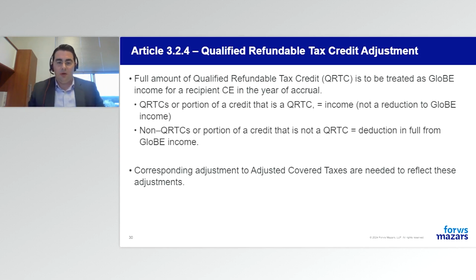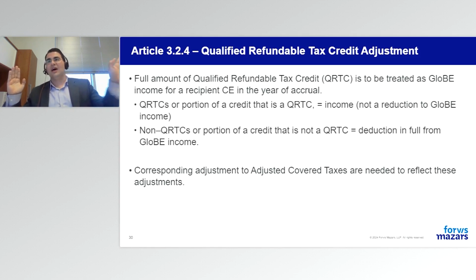A non-QRTC is basically not a QRTC and could be something that's refundable in whole or in part. So before we go into the minutia of Article 3.2.4, QRTCs are really seen as a spectrum between QRTC and non-QRTC, because that's how the Pillar 2 rules look at credits.